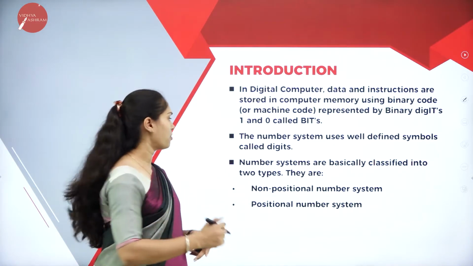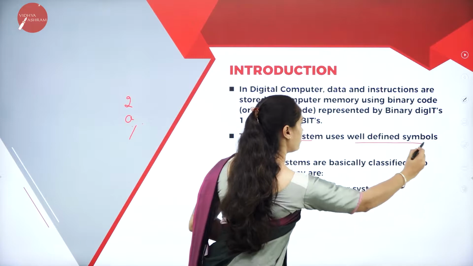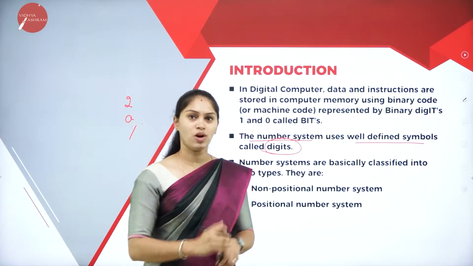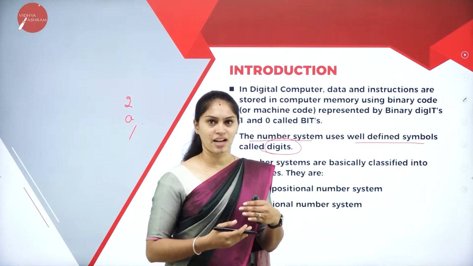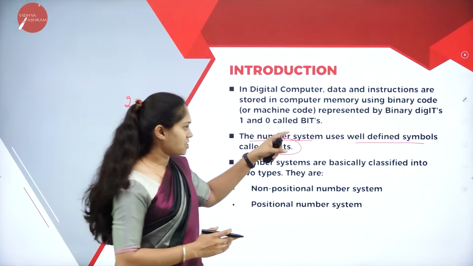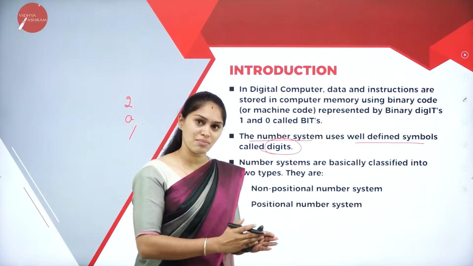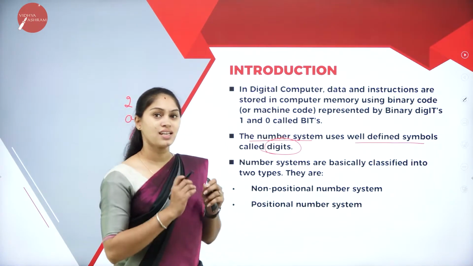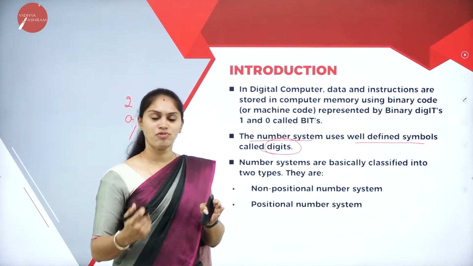Here, the number system uses well-defined symbols that we call digits. In order to store the data and instruction in machine understandable form, we use the number system. Those symbols are nothing but digits. So that is the number system: representation of a number in well-defined symbols.